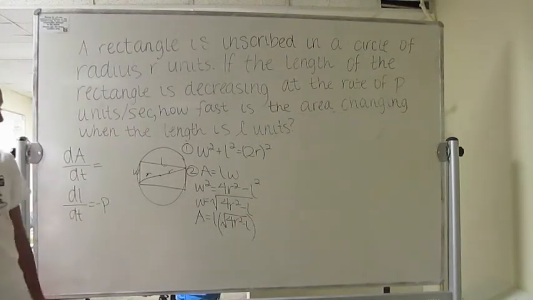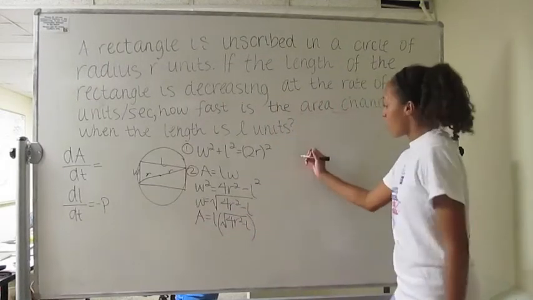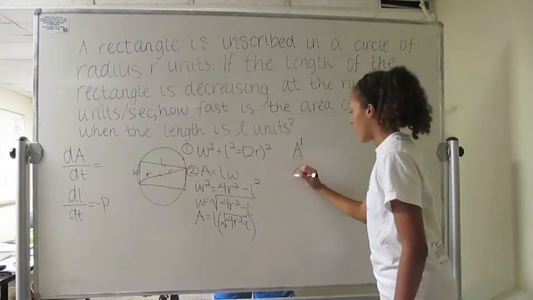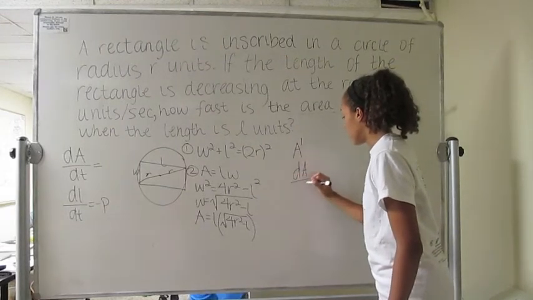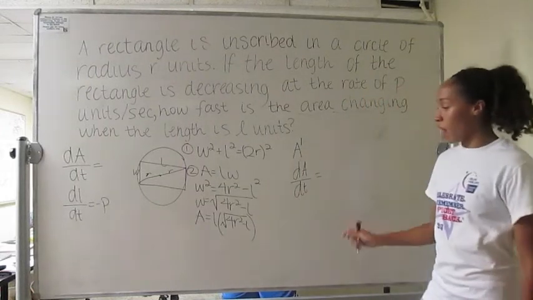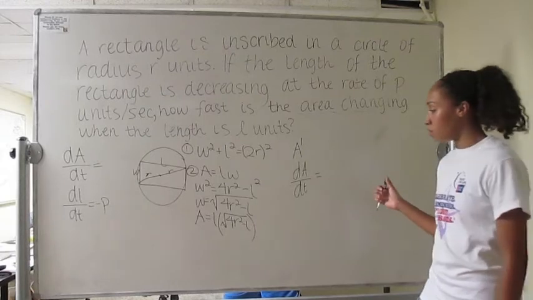Now to find the rate at which the area is changing, we find the derivative of the area. So A prime, or dA dt, is equal to, we have to use the chain rule along with the product rule.